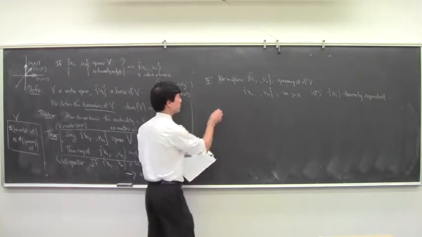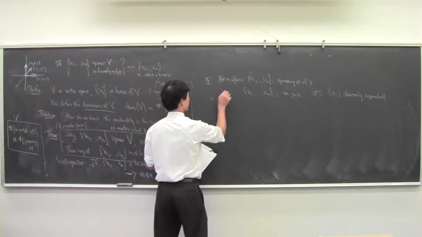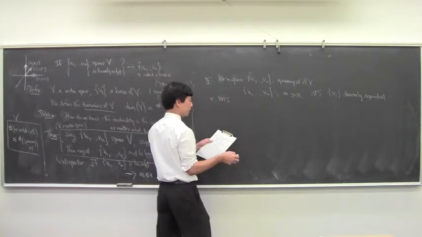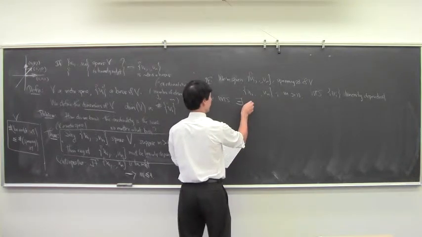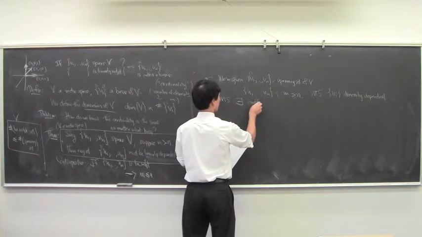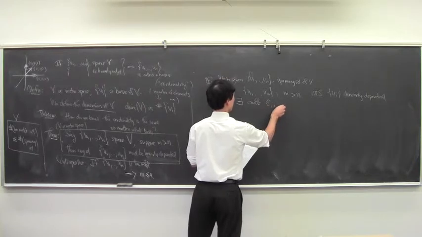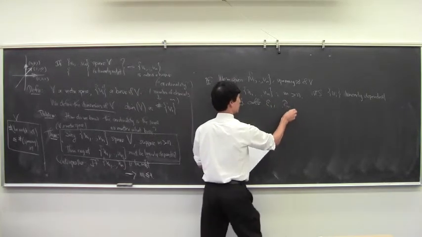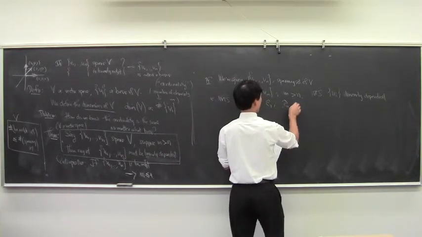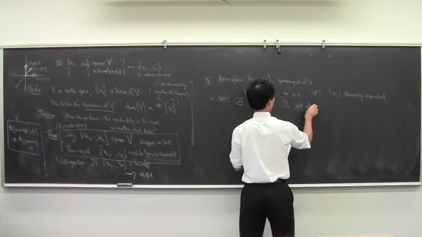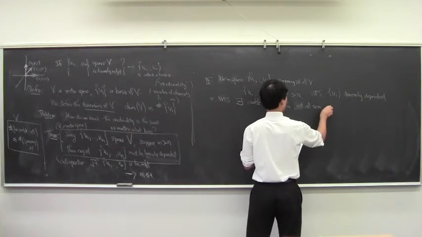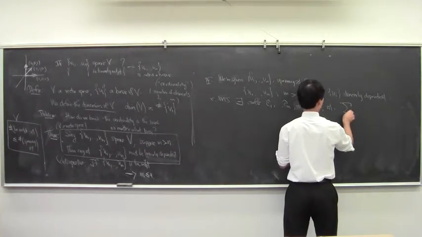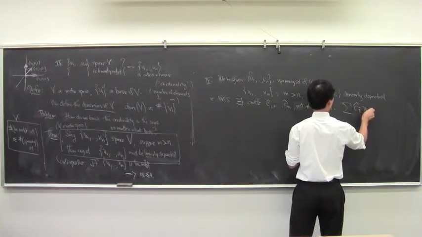Okay. So in other words, we want to show that there exist coefficients C1 through Cm, not all 0, such that the summation of Ci Ui is 0.